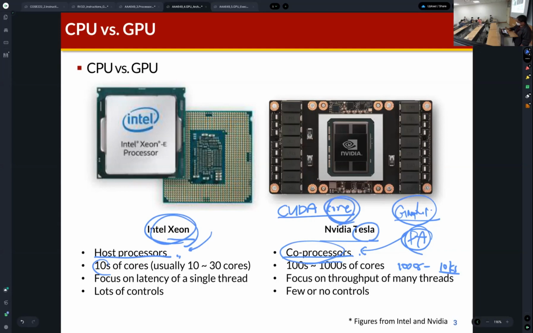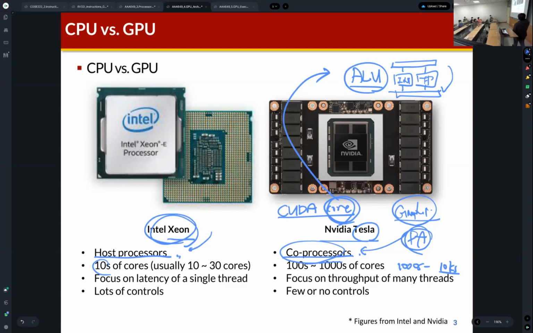But actually its core is very similar to the ALU of a CPU. The CUDA core looks like this: it's a pipeline, and this is the integer execution unit, and this is the floating point execution unit, and that's it. So this is the GPU core.